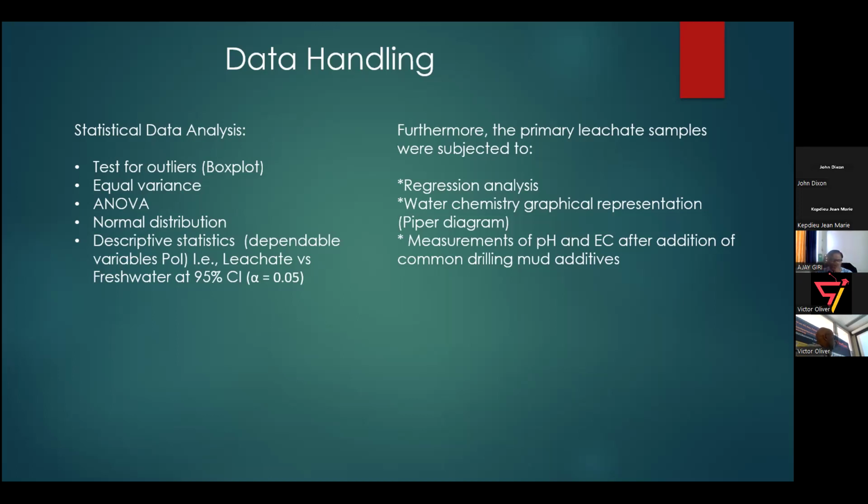This was carried out at a 95% confidence interval, with significance at 0.05. Whereas for the primary leachate, we subjected them to regression analysis, and we did some graphical representation in terms of classifying the water chemistry using a Piper diagram and measurement of pH and EC.